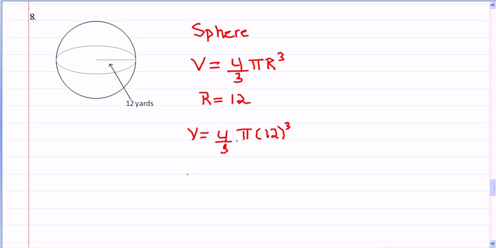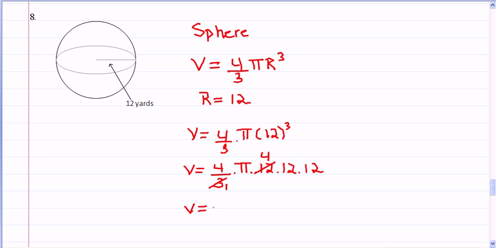And instead of multiplying out 12 cubed, what I'm going to do instead on this one is rewrite 4/3 pi, and I'm going to write out 3 12s. Because this 3 will cancel with one of the 12s here, and it's easier to see that when you write your 12s out versus if you multiply out 12 times 12 times 12.